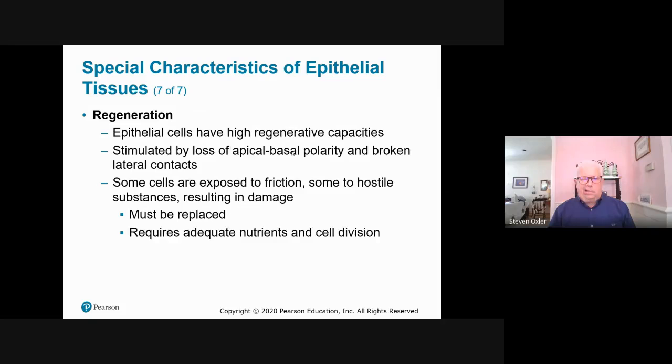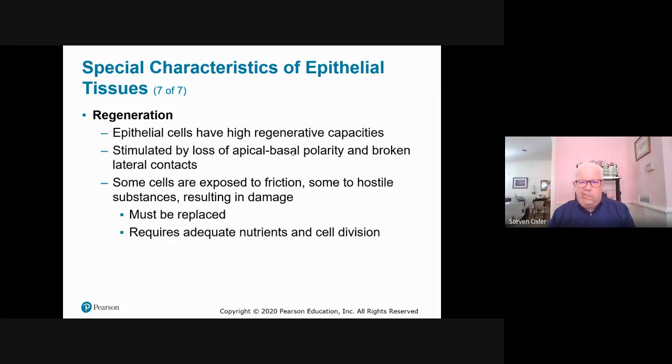Epithelial tissue has a high regenerative capacity. You lose probably 1 million epithelial cells from your skin every single day, especially if you bathe every day. You wash those useless epithelial cells off of your body.